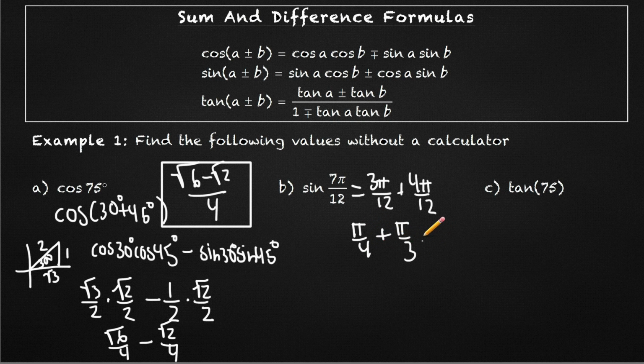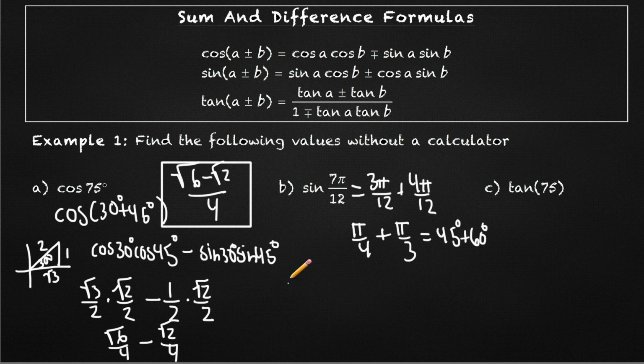All right, so now we can see that this is just going to be 45 plus 60. So essentially, we're going to be finding the sine of 105. I guess it's not a bad idea if you want to convert this into degrees at first, but you don't really have to.